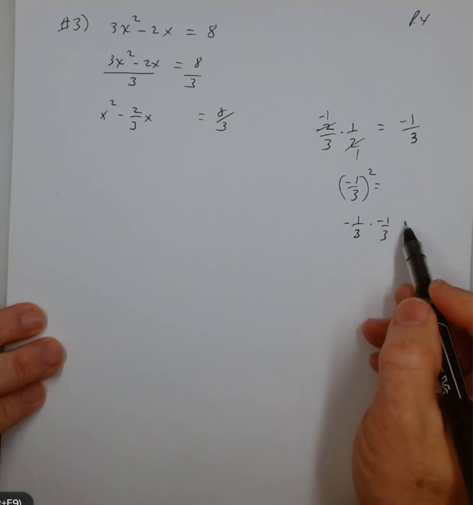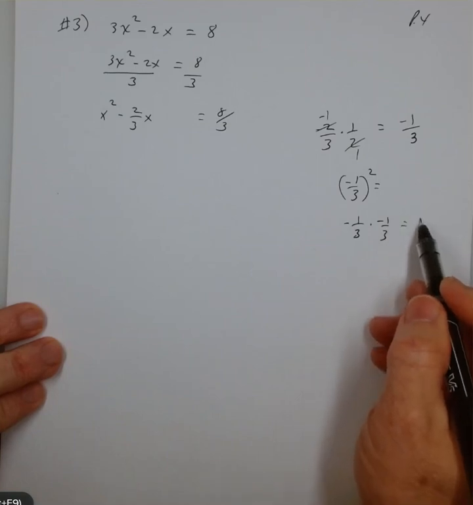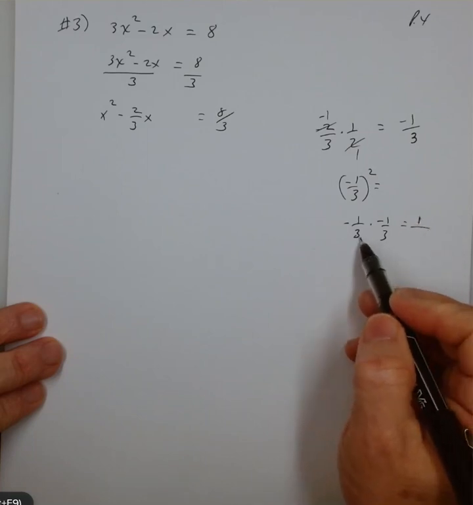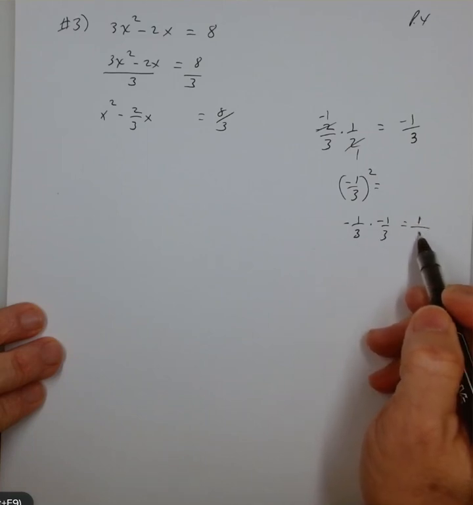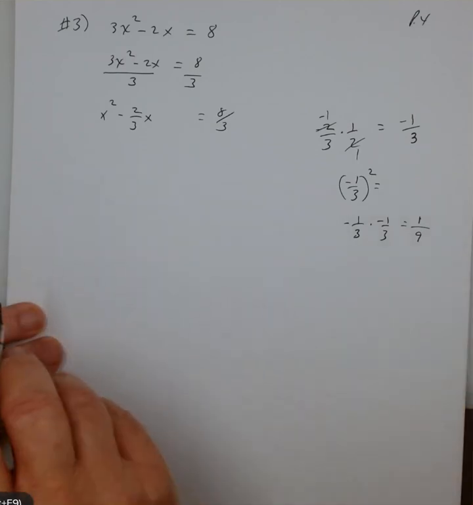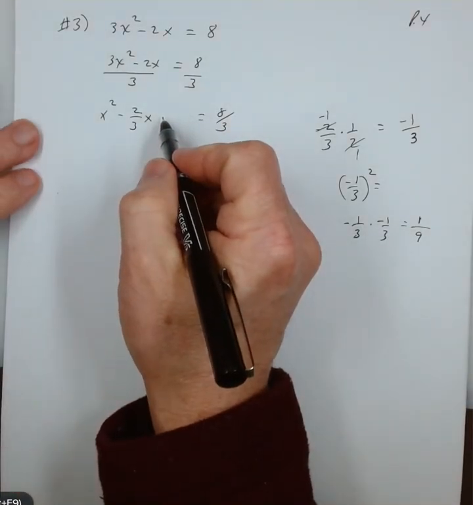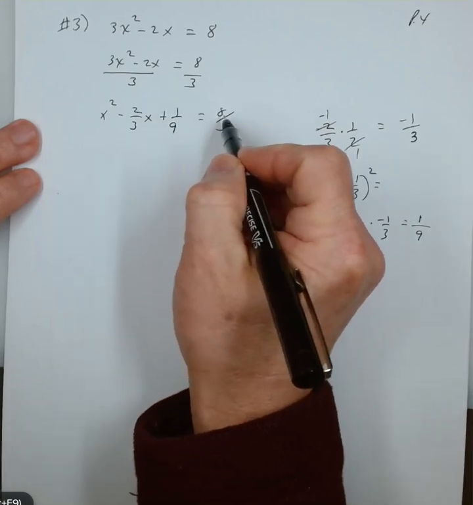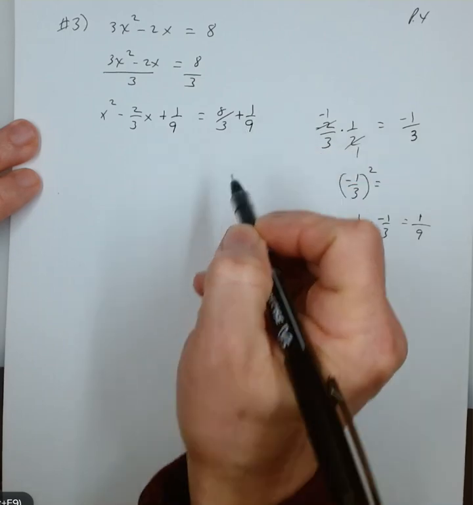Negative 1 times a negative 1 is 1. 3 times 3 is 9. So what's the answer? 1/9. Okay, what do I do to that 1/9? Add it to both sides.